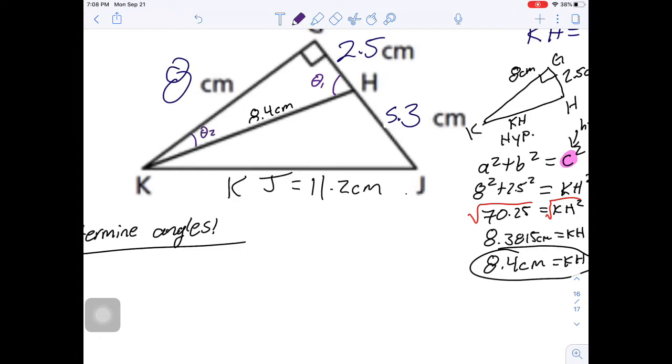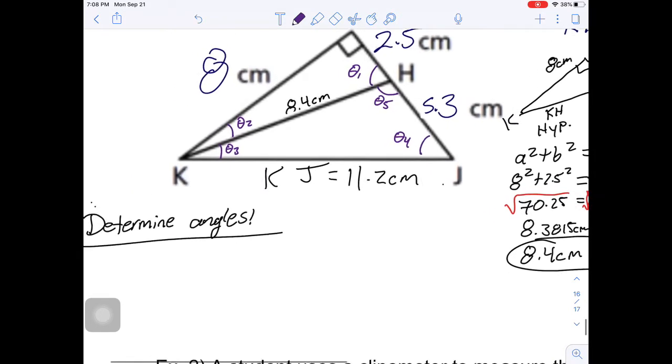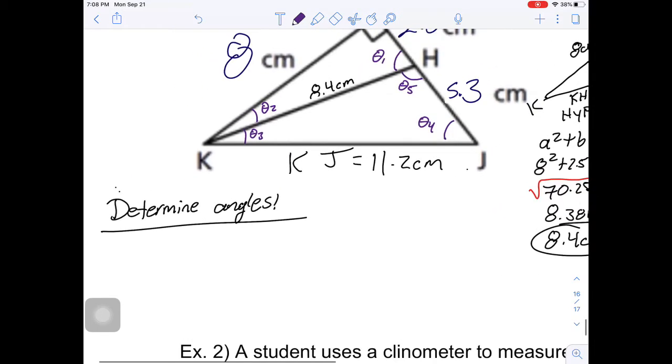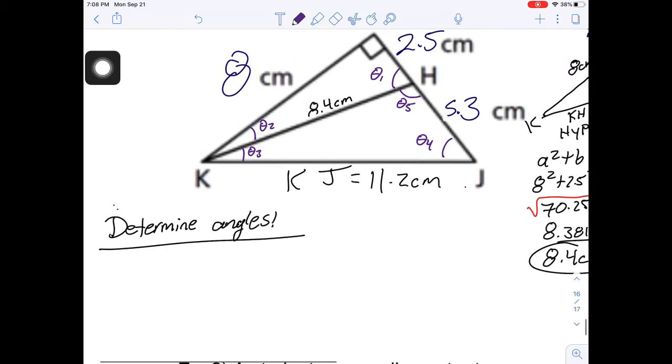We'll have to find angle 2, angle 3, angle 4, angle 5. Okay, so that looks like a ton of work at first. But understand, it's not super hard if you know just simple geometry that you've learned before.